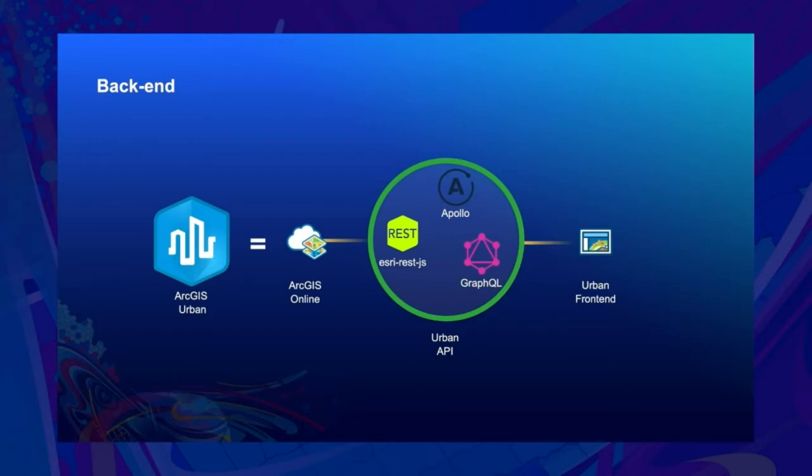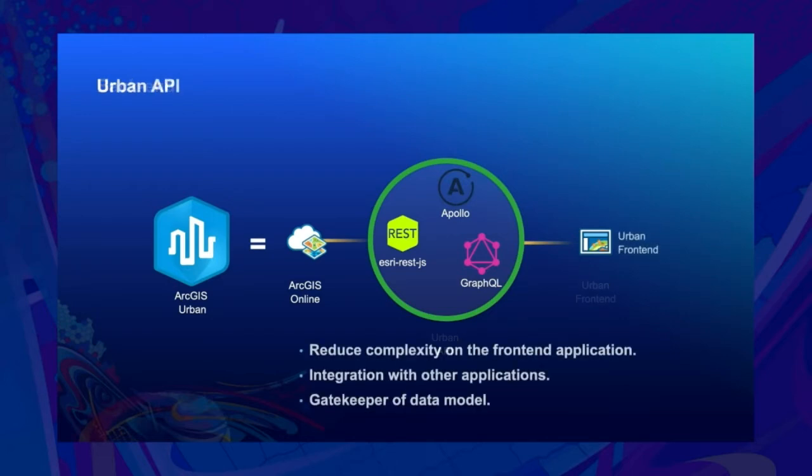Now, the reason why we chose to create an API and not just directly interface with the ArcGIS REST API is, first of all, to reduce complexity on the front-end application. There's a lot of operations that Urban does that don't necessarily need to happen on the front end, such as creating a project or a plan.